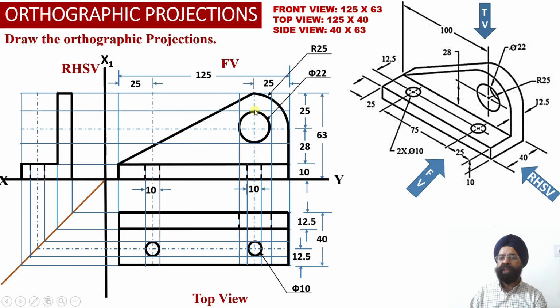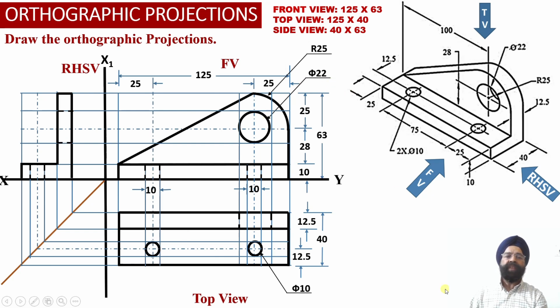So from these two points of the diameter, we have drawn two horizontal projector lines into the right hand side view projection area, and wherever these two projection lines pass through this vertical web, the location of this circular hole in the right hand side view projection area has been located. And now since we are not able to visualize this hole directly, we have obtained the hidden line projections corresponding to this hole, which has a diameter equal to 22 millimeter.